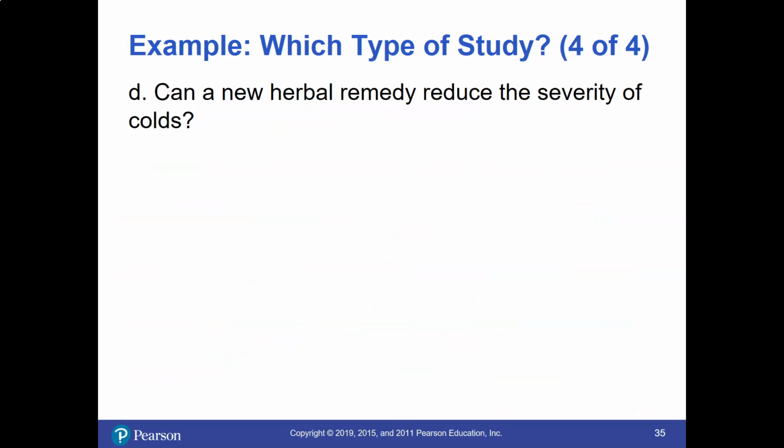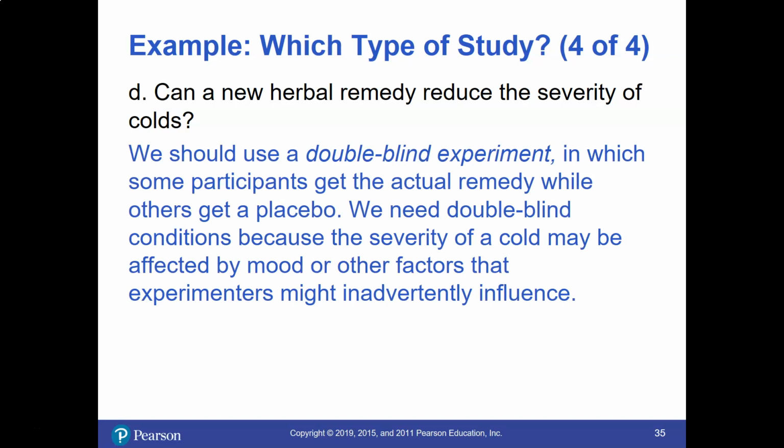A new herbal remedy to reduce the severity of colds. Again, you could run an experiment here. You could have one group take a water pill and another one take the herbal remedy in pill form, and over the course of time, see who reportedly got sick from the common cold more often. And you could do a double-blind experiment.